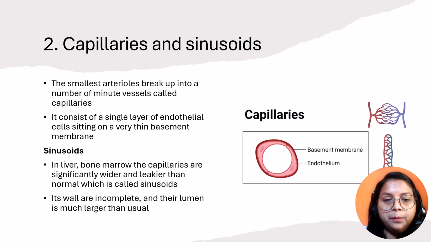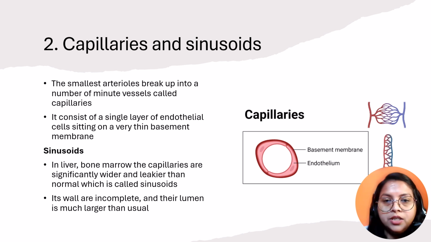Now talking on capillaries and sinusoids. These are the smallest blood vessels and serve as the primary site of exchange between blood and tissue. Capillaries are composed of a single endothelial cell layer and lie on a thin basement membrane.